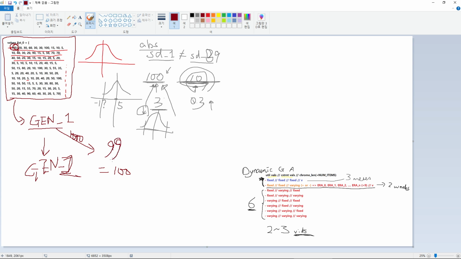So things will change, and in the next generation to come, it could be 102, and then generation 4, 105, and then suddenly generation 5, it could be 96.